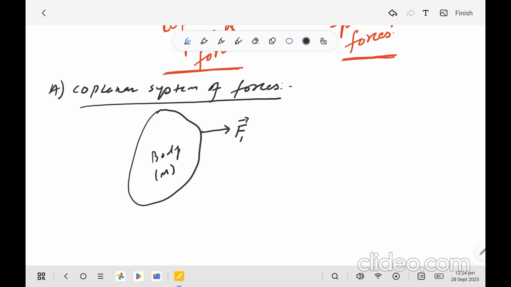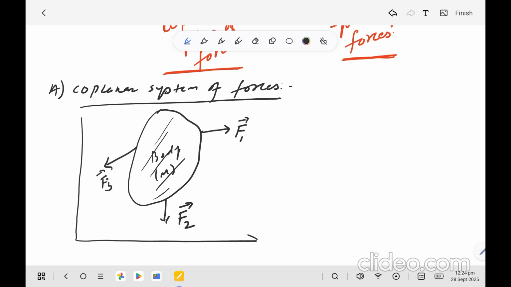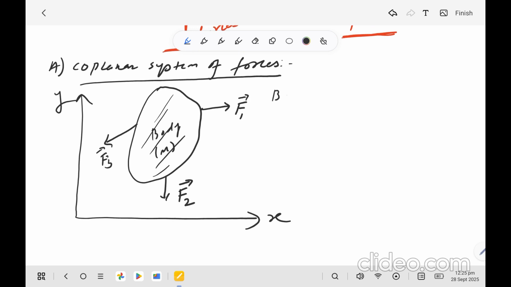So F1 is acting at this point, F2 acts at this point, F3 at this point here, and this body is a 2D object, meaning the motion of this object will be restricted in this xy plane under the action of these forces.